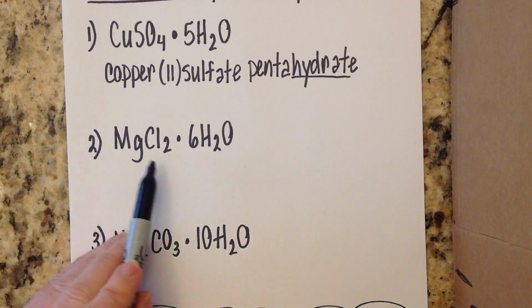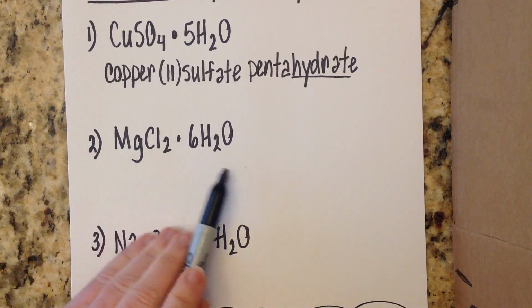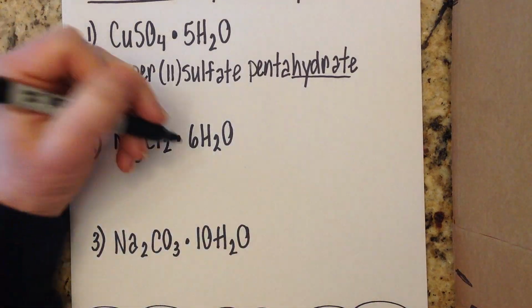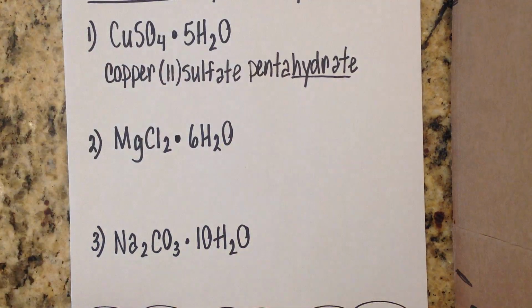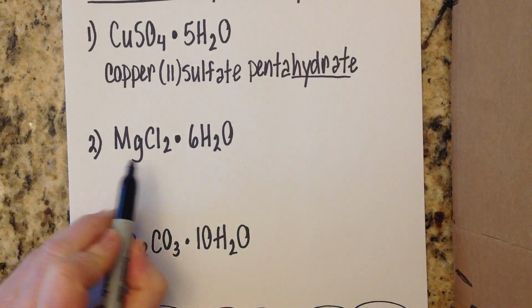We have MgCl2, a fat dot, and 6H2O. As soon as I see this fat dot and this 6H2O, I know I've got a hydrate. I know that the left side is simply an ionic compound. This is a binary ionic. It is magnesium chloride.